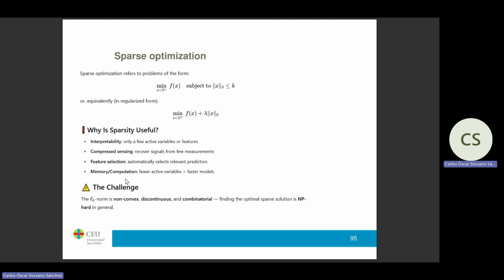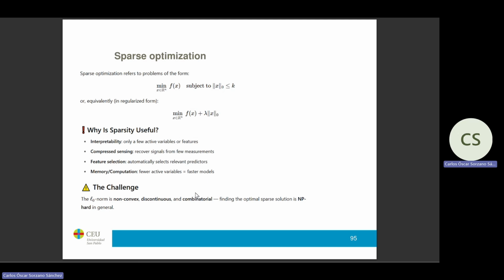And for reasons of memory, when you have a lot of data, maybe choosing a few active variables helps the models. The problem is that this L0 norm is not convex. It is discontinuous, and anything related to optimizing it has to follow a combinatorial approach.